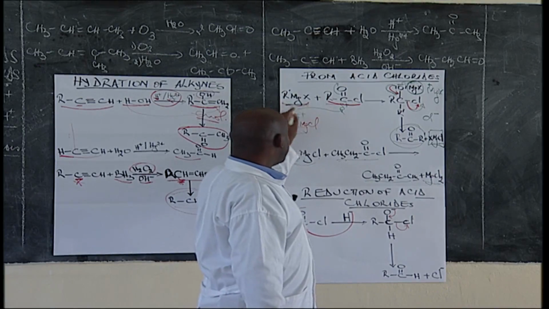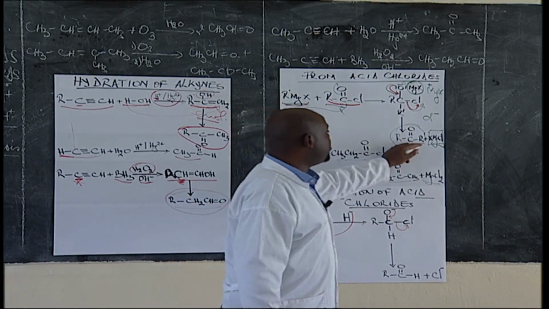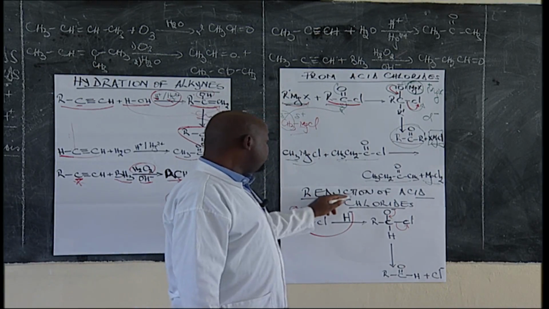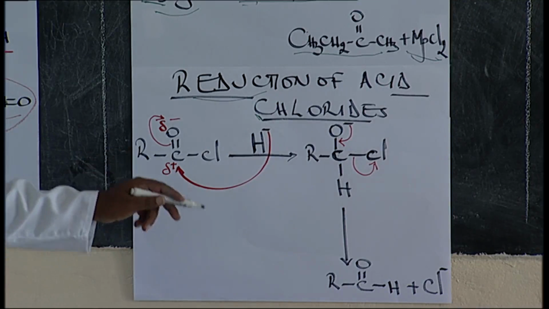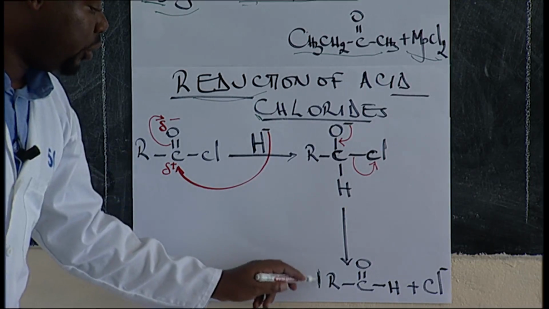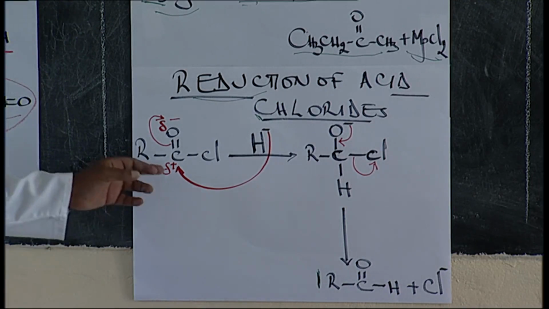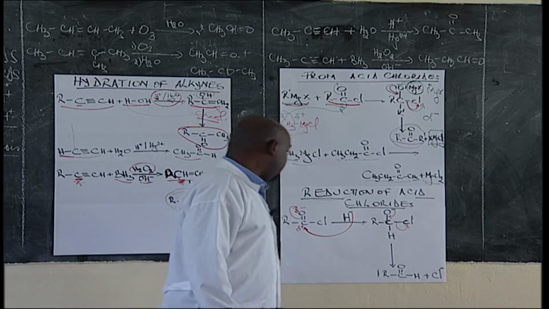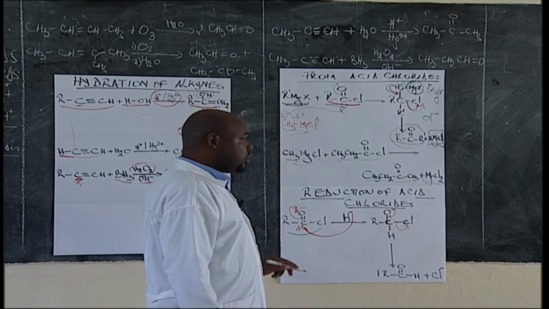When you use organometallics and acid chlorides, you always produce ketones. And when you use the reduction of acid chlorides, you will only produce what? You will only produce aldehydes. So here we have the production of an aldehyde and a chloride ion by starting from an acid chloride.